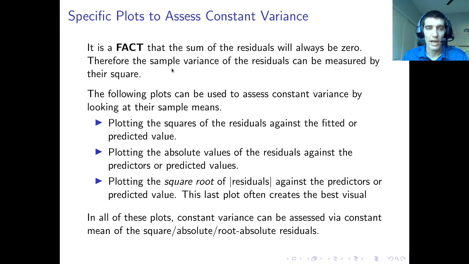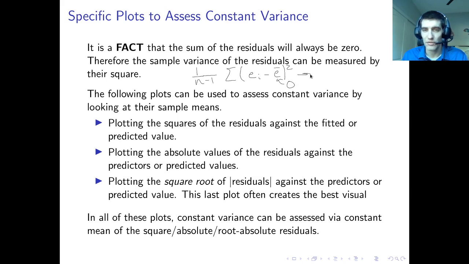Now, why is that? What's the sample variance? Let's say I have a sample variance of the residuals, right? So it's 1 over n minus 1, sum of (e_i minus e bar) squared. So this is the sample variance, right? Now, if the sum of the residuals is always 0, what does that mean about the sample mean of the residuals? If we sum them all up and divide by n, that sum is 0, so this is going to be 0, right?